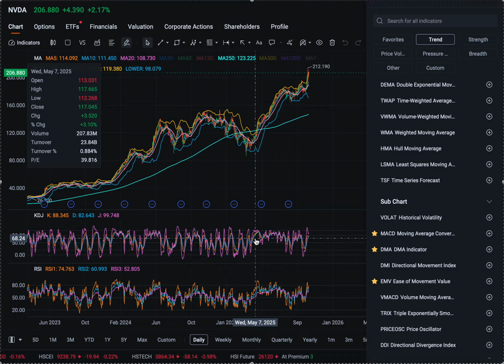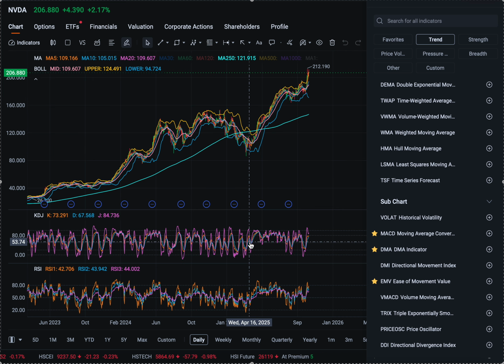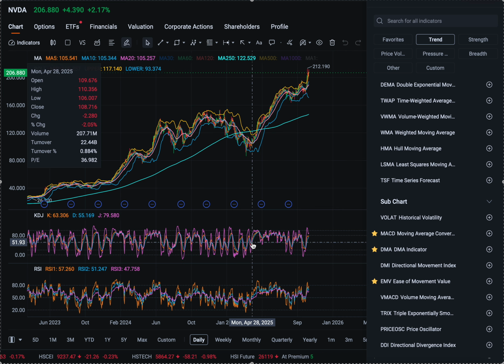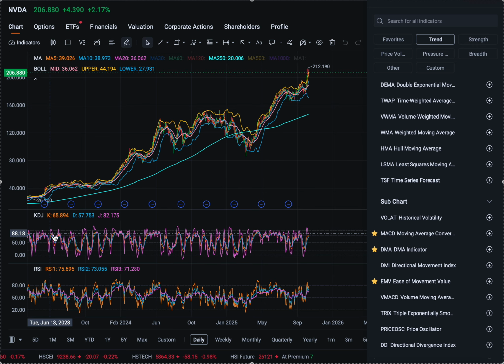And when it's at the bottom, the green line, the blue line, is actually measuring bearish, right? So we can actually see it as an example, right?